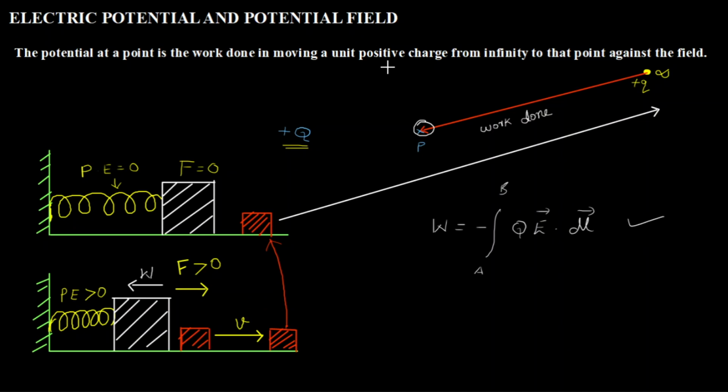So from this mathematical equation in line with the definition, I am not going to derive, I can write the potential as minus integral from infinity, because now I am bringing the charge from infinity to a point P. Here the charge was moved from a point A to B. Now here I am moving it from infinity to P, and the charge which I am moving is Q in that case, and here it is unit charge, so Q becomes 1 and I remain with E dot dl.